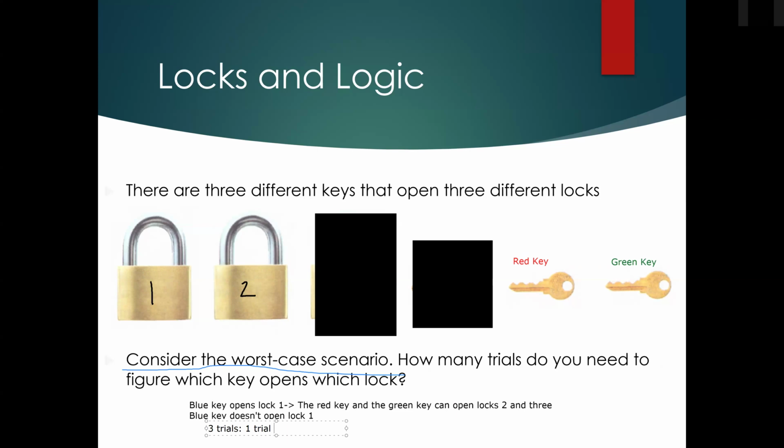One trial to know the blue key can't open 1. Second trial to know, let me extend this text box, the blue key can't open 2, which tells us the blue key opens lock 3.